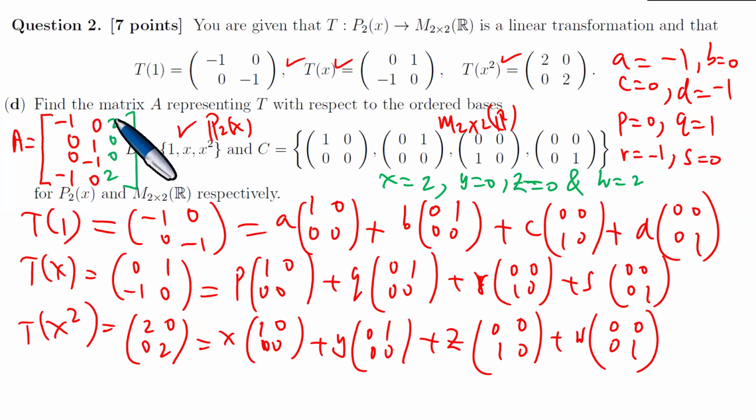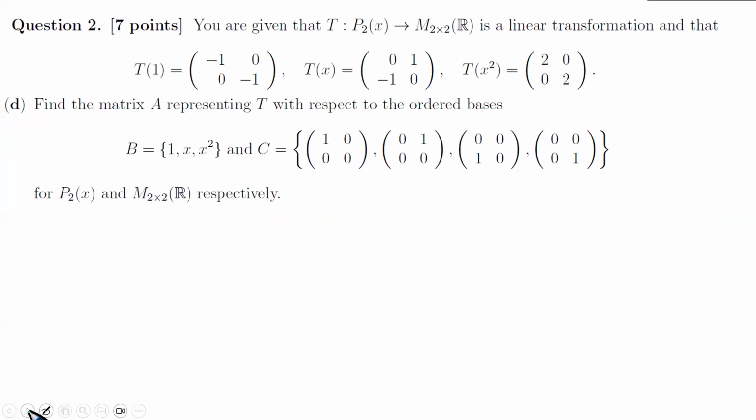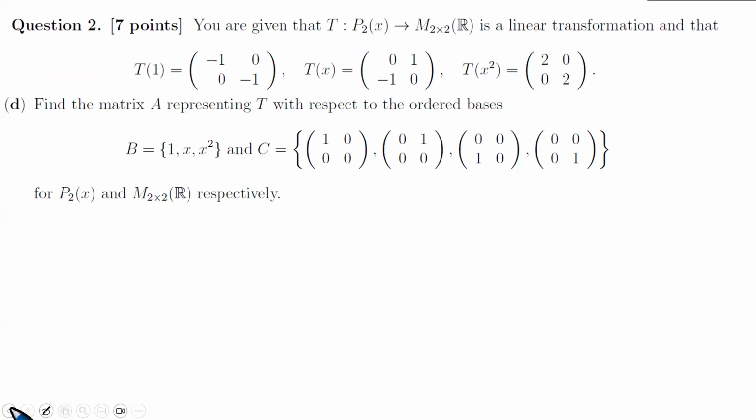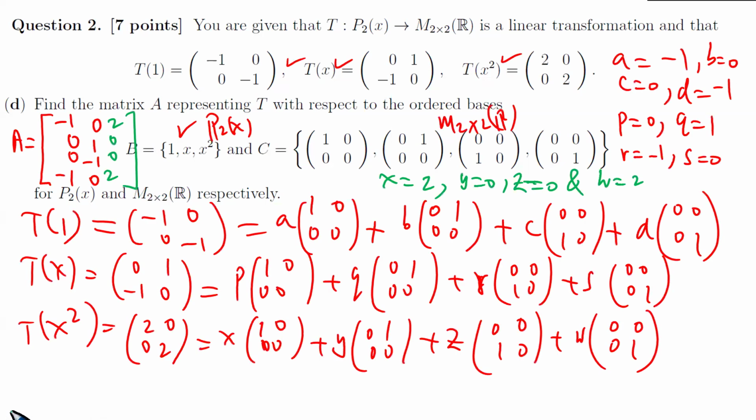So in this way, we are finding exactly the matrix representation. Now we have found the matrix A representing T with respect to the ordered basis, and this is the matrix A. And this is the end of question 2, because if I continue right now, we meet question 3, since I've loaded all the questions here. Because of our time, this is the end of question 2.